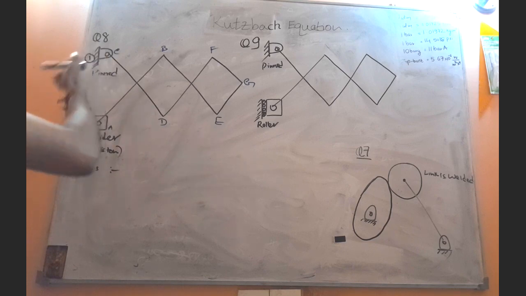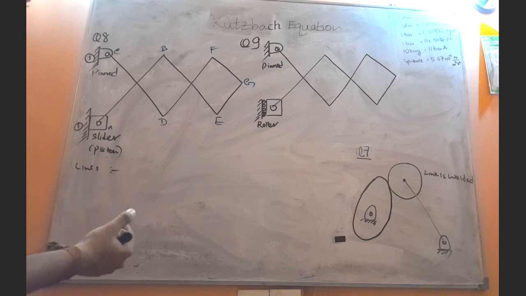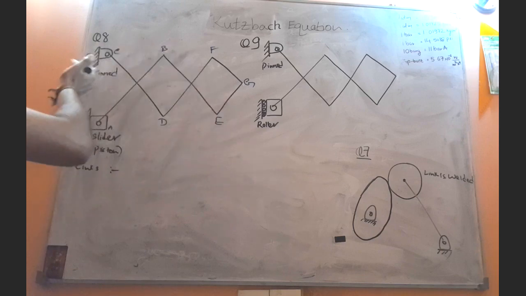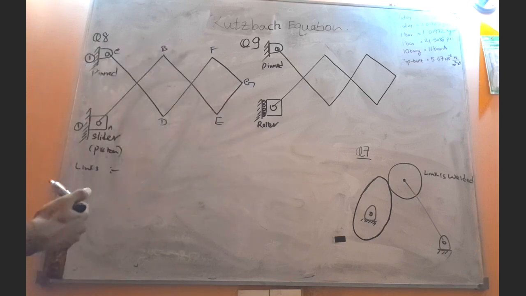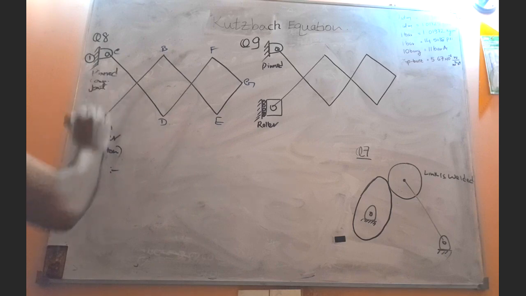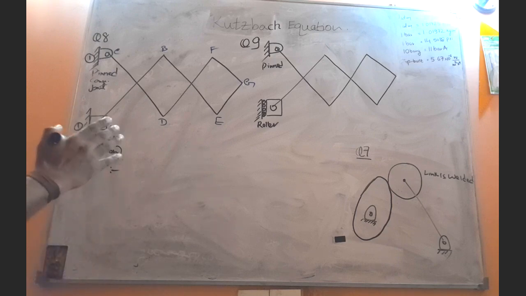In order to make that connection, we need to have a base, right? That means this link CD is connected to the ground, or to the base, with the help of the pinned connection, or the joint. So the first link is the ground or the base, so we have number 1.